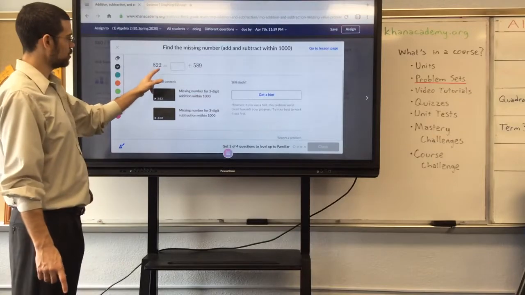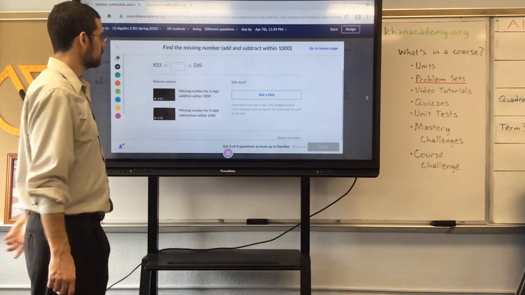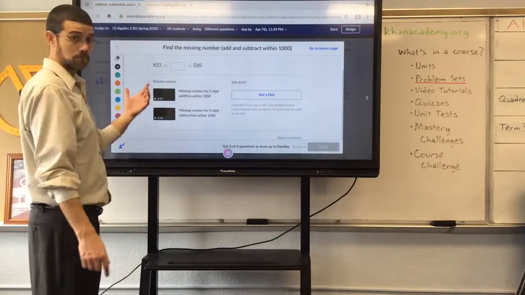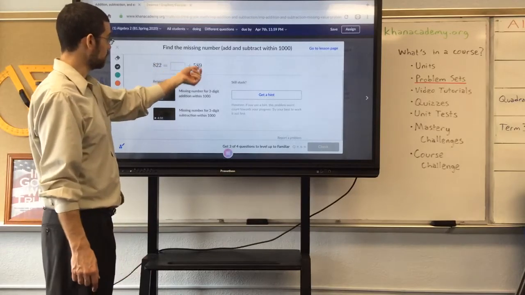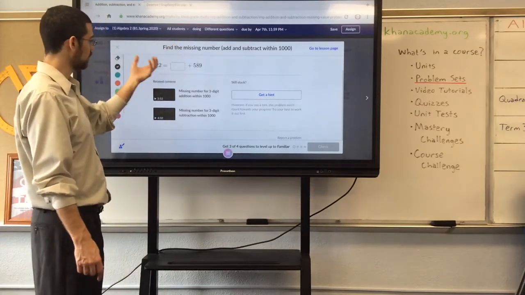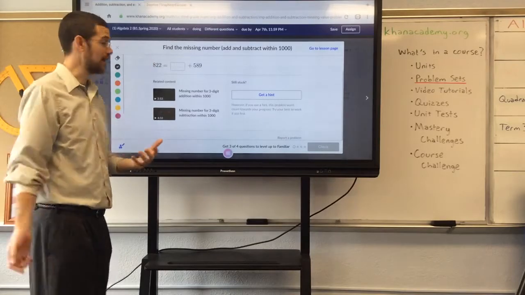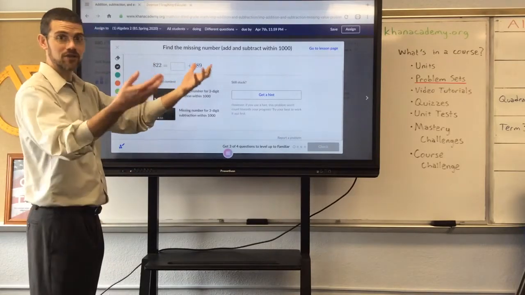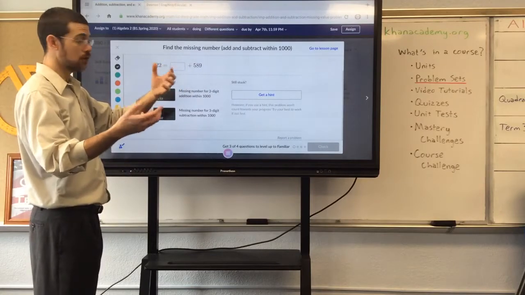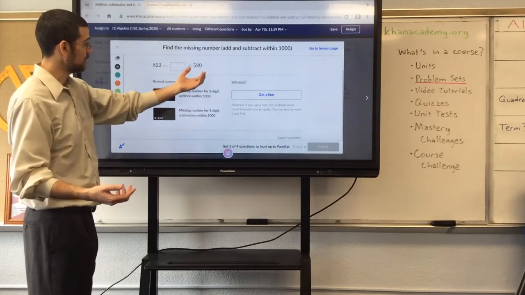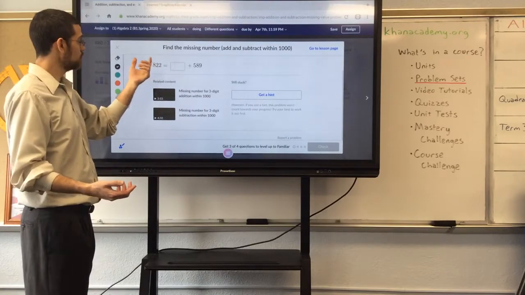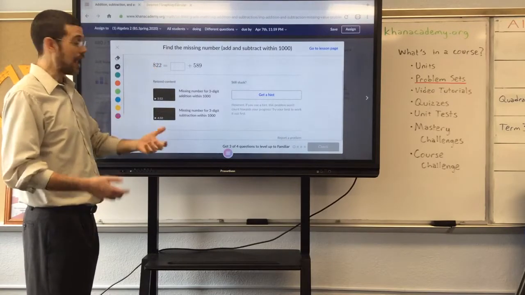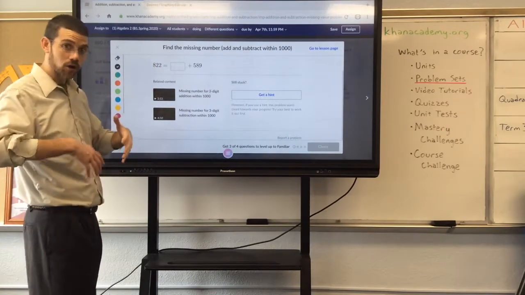So 822 equals some number plus 589. All right, so I'm going to increase 589 until I get to 822. I learned last time that I can do that by adding the largest place values until I get as close as possible to my sum without going past it.